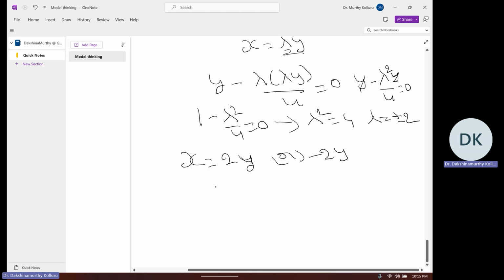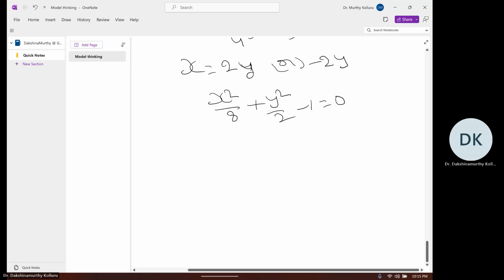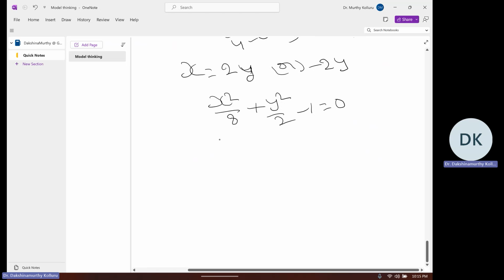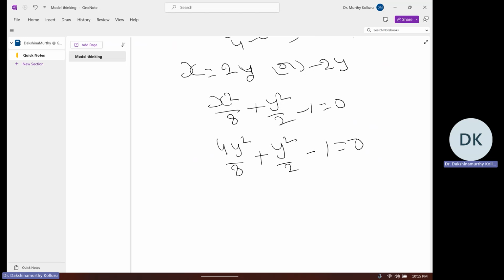When I substitute in my constraint, which is x squared by 8 plus y squared by 2 minus 1 is equal to 0, I substitute x is equal to 2y: 4y squared by 8 plus y squared by 2 minus 1 is equal to 0. This is also y squared by 2, y squared by 2.